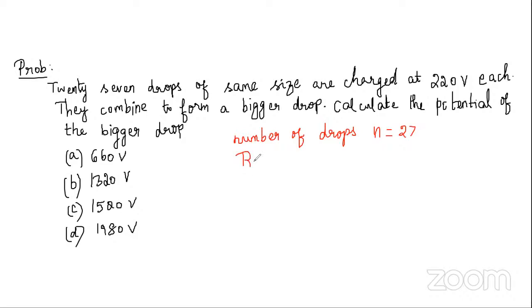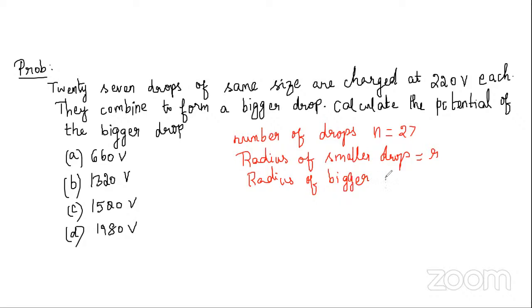The radius of the smaller drop is small r, and the radius of the bigger drop we consider as capital R. Now we have to find out the potential of the bigger drop.